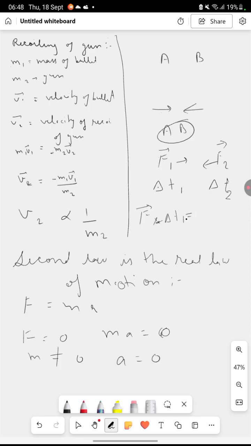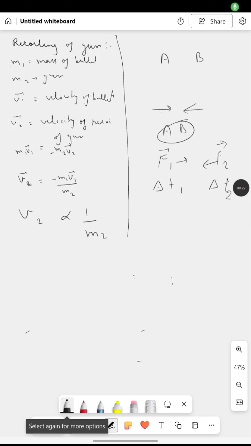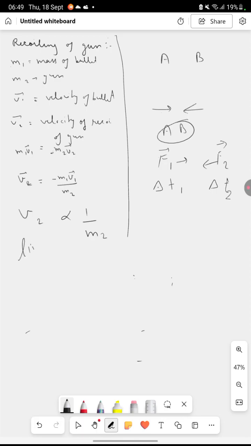So the linear momentum for the first body, body A, will be F1 into del T1.